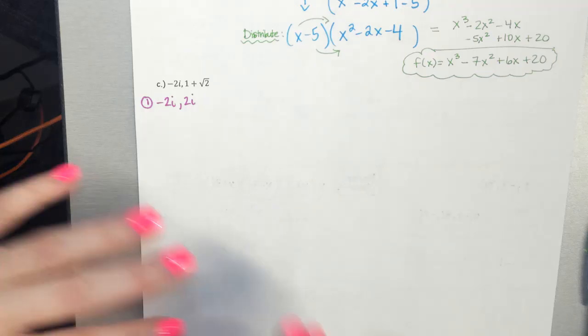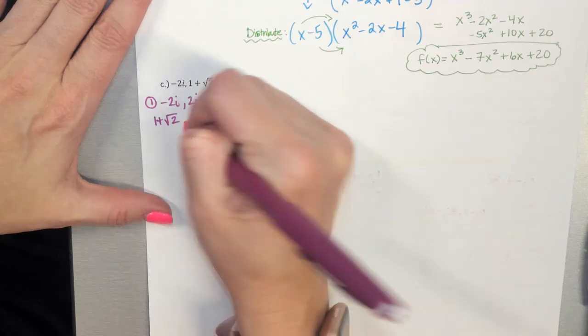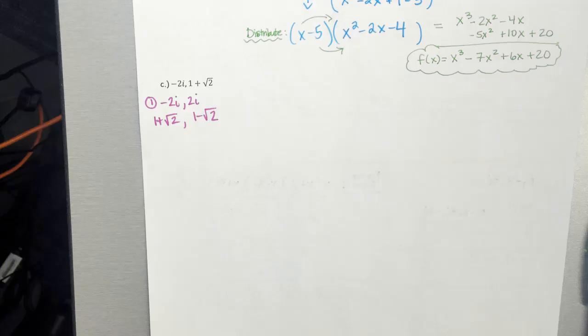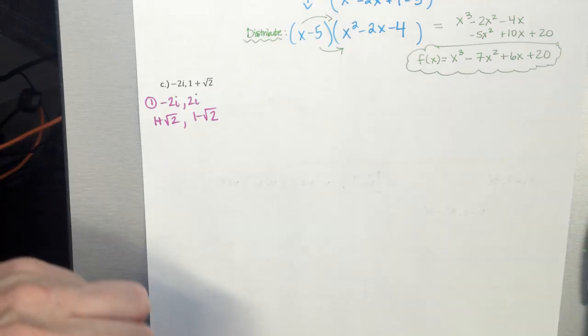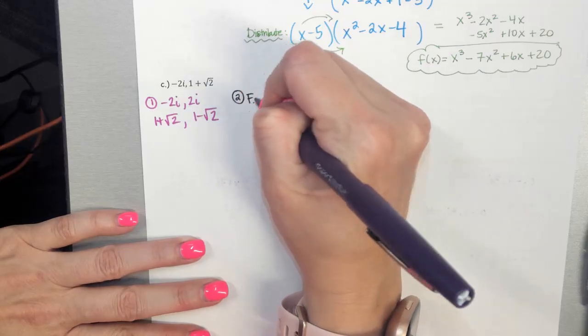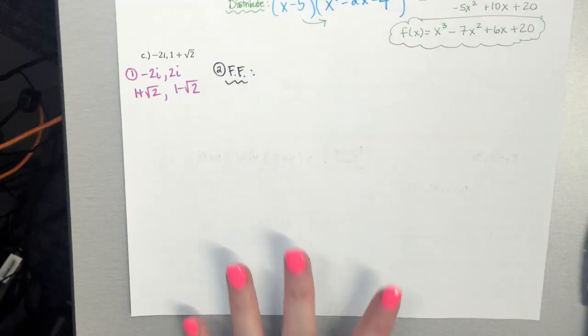Those don't need partners. They only need partners if they have a radical or an i. Okay, and then once you have those, you're going to write them in factor form. Okay, do you guys think you can do that? Without me? Let's give it a go. And then you can start multiplying them together.